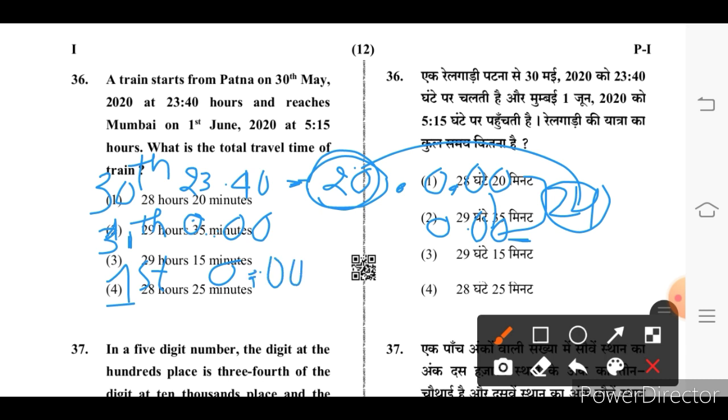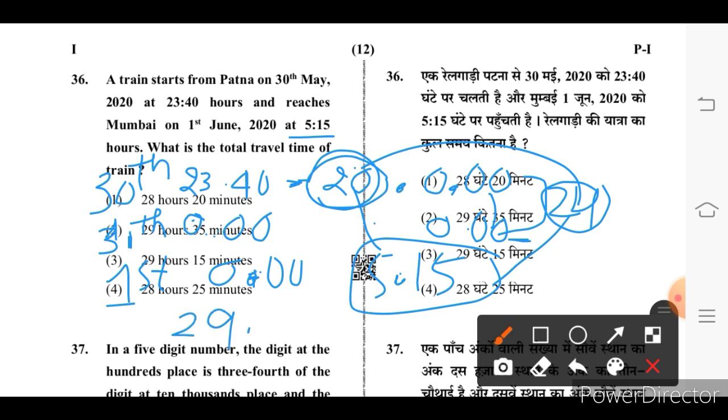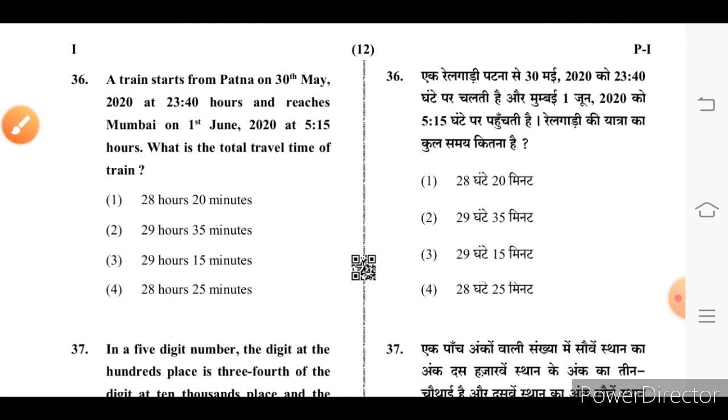From 0 hours to here, asked 5:15, that is 5 hours 15 minutes. So add these 3: 20 minutes plus 15 minutes is 35 minutes, and 24 hours plus 5 hours is 29 hours. 29 hours 35 minutes.